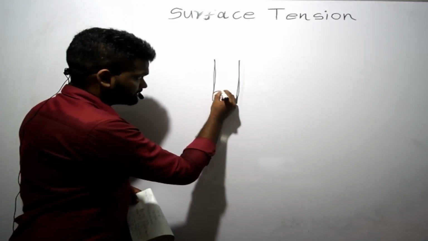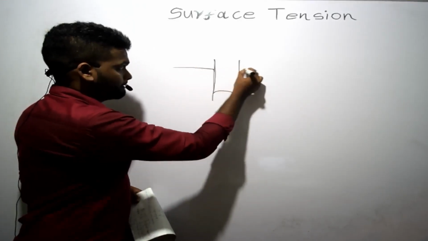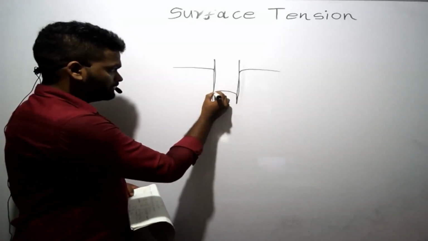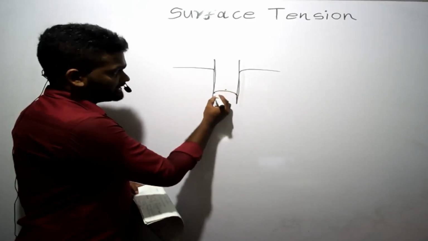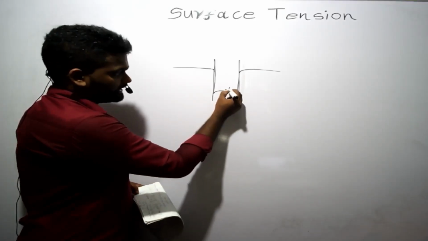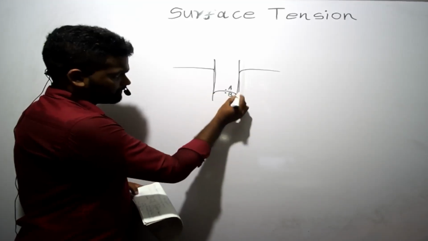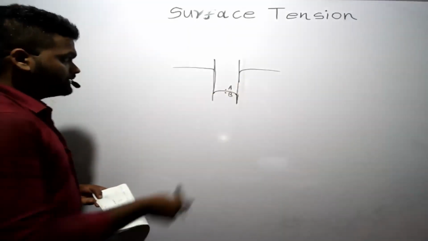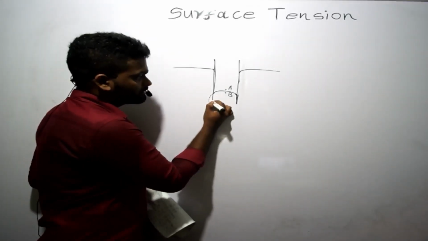For a fall, it is a meniscus like this, and the liquid level here. So slightly above the meniscus, we have point A. Below the meniscus, we have point B. And then we can extend this sphere like this.